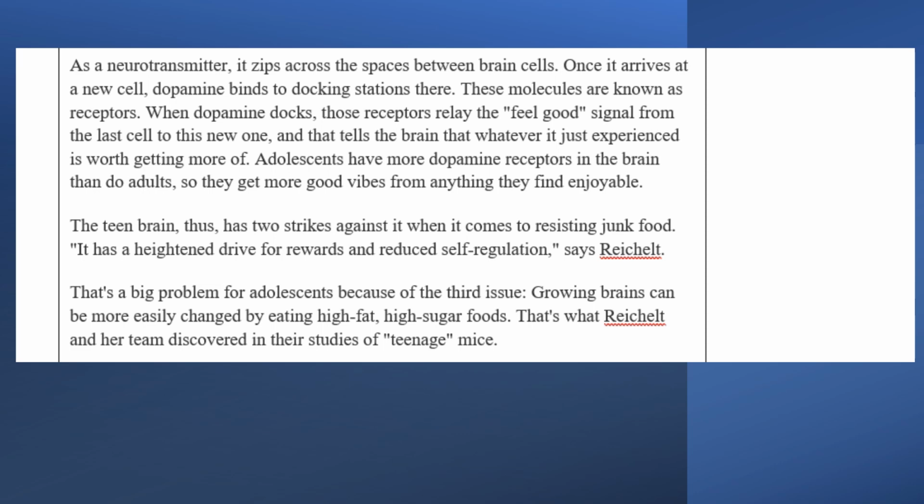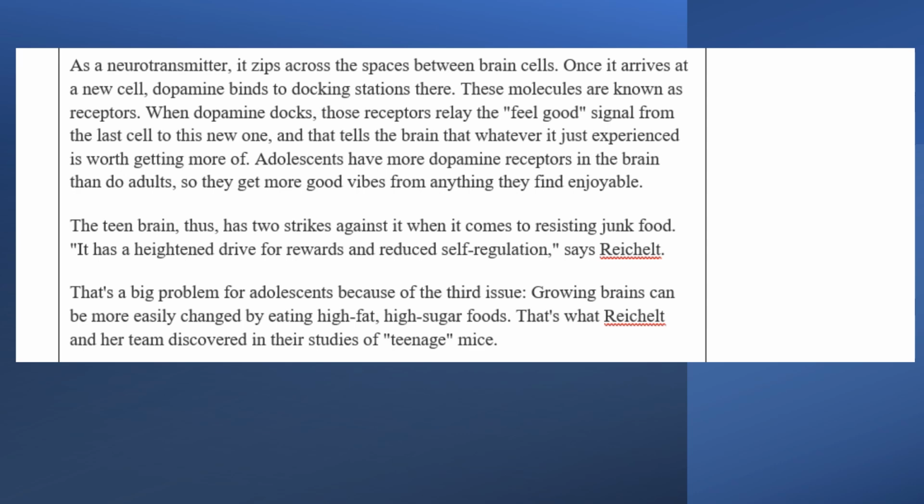Okay, so we just talked about dopamine. So it's saying dopamine is a neurotransmitter. As a neurotransmitter, it zips across the space between brain cells. Once it arrives at a new cell, dopamine binds to the docking stations there. These molecules are known as receptors.